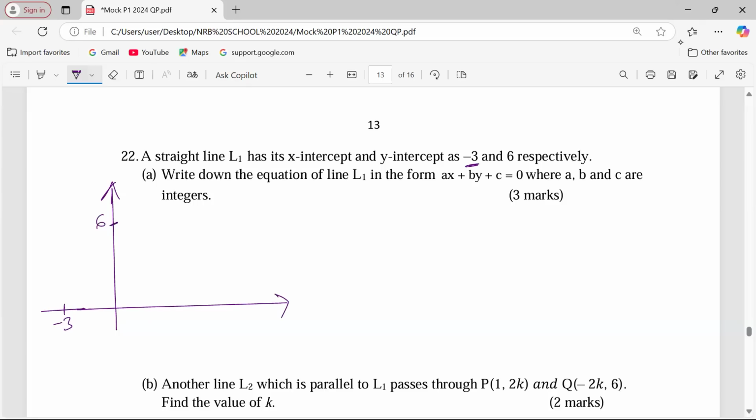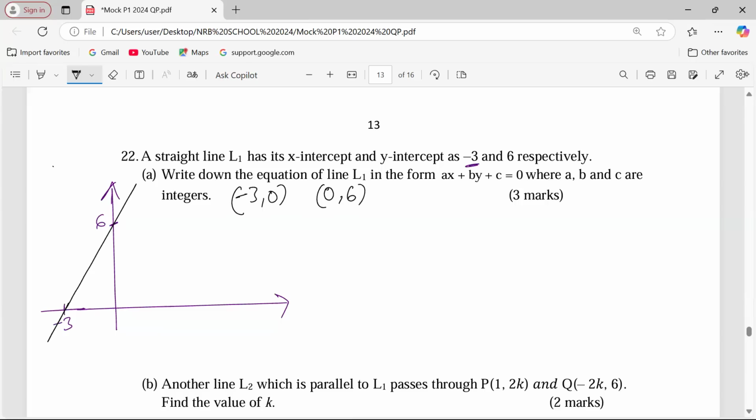Therefore, the line passes such that it cuts the x-axis at -3 and the y-axis at 6. So these intercepts can be written as coordinates. The first coordinate for the x-intercept is (-3, 0), and for the y-intercept, it's (0, 6).